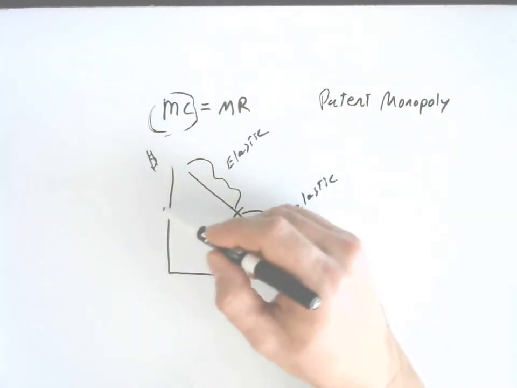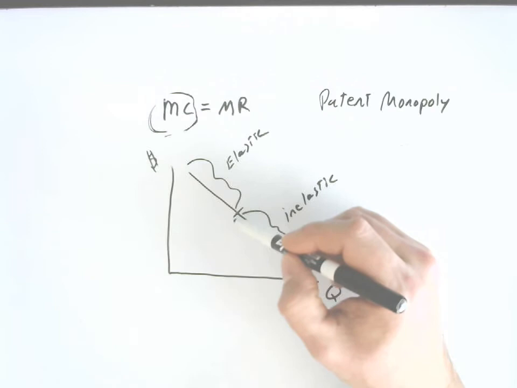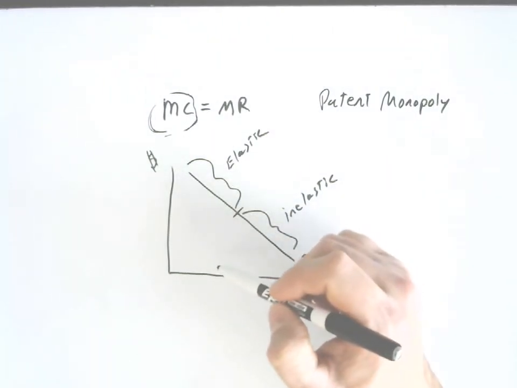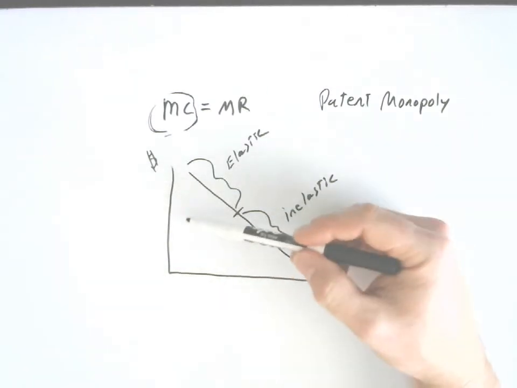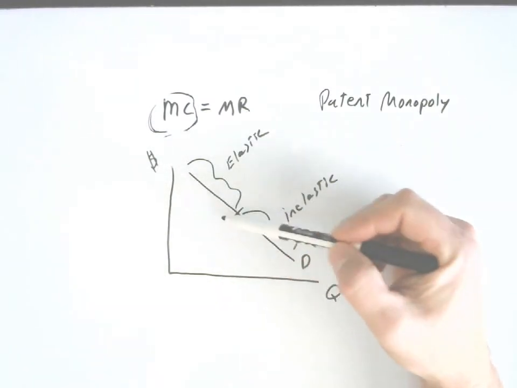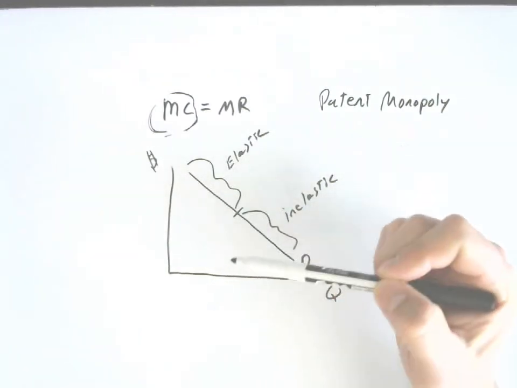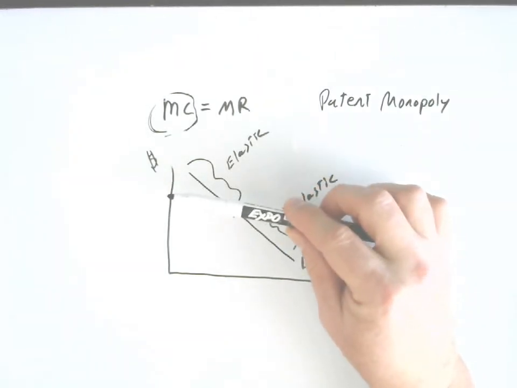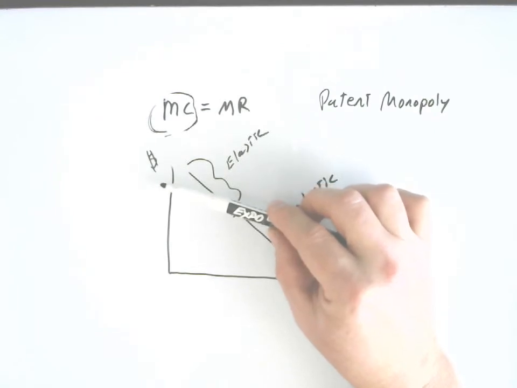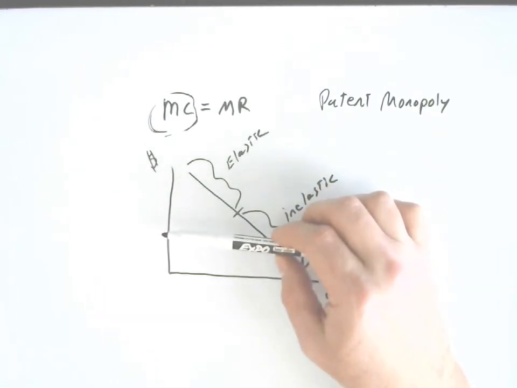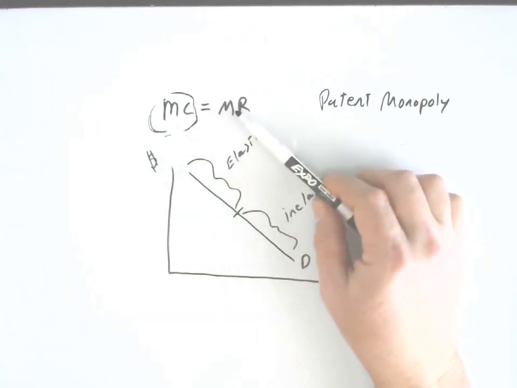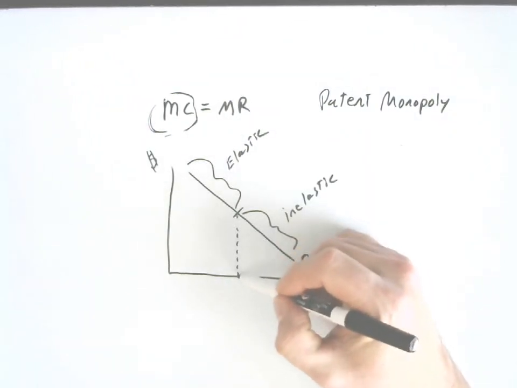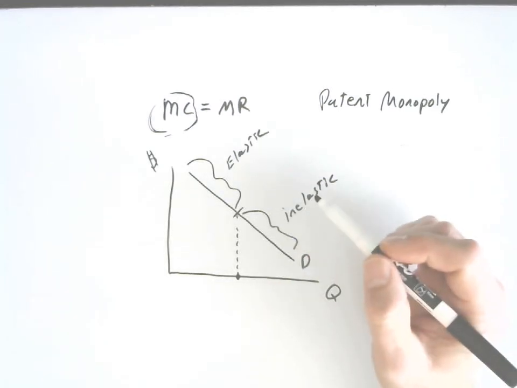So at that price level and that quantity sold, total revenue, P times Q, couldn't be any larger. You raise the price, total revenue goes down. You lower the price, total revenue goes down. It is maximized at that point. But because total revenue falls whether you raise or lower the price, it must be the case that at that midpoint quantity, marginal revenue is 0.